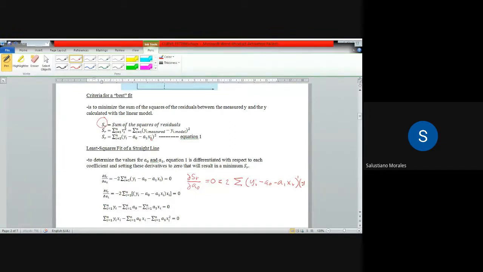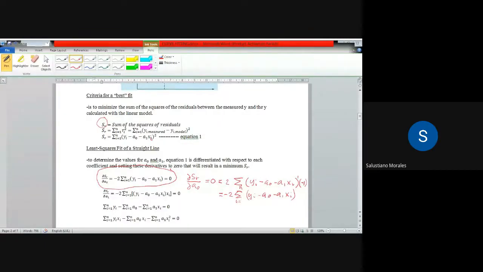Then the derivative of a1 xi is also 0 because that is constant. Kaya ang lumabas dito is meron tayong negative 2 multiplied by the summation of y sub i minus a0 minus a1 xi, where i starts from 1 up to n. Kaya we come out with this result in taking the partial derivative of SR with respect to the coefficient a0.